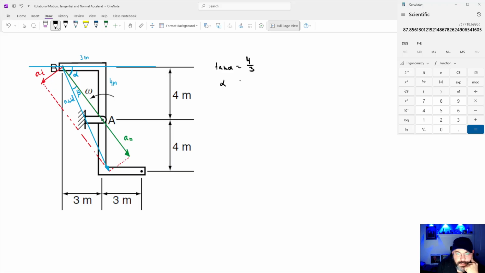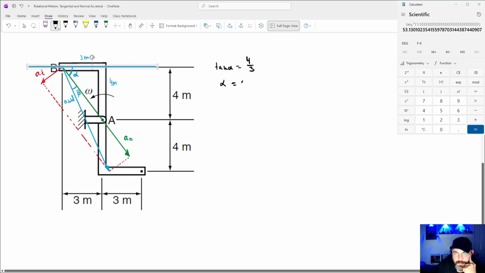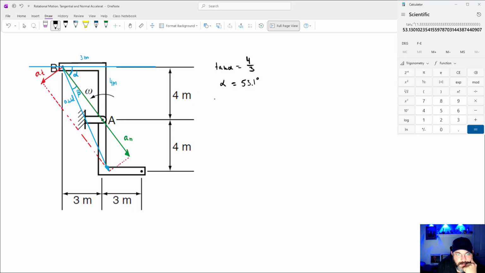So then our angle alpha is equal to, let's calculate it. So it is 4 divided by 3, 53.1, 53.1 degrees.